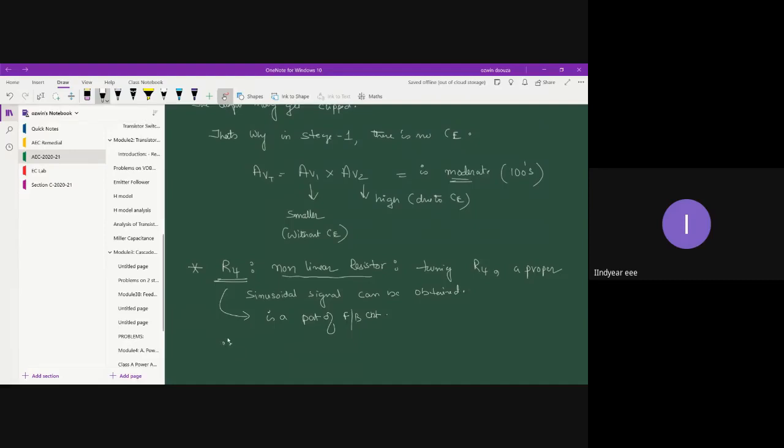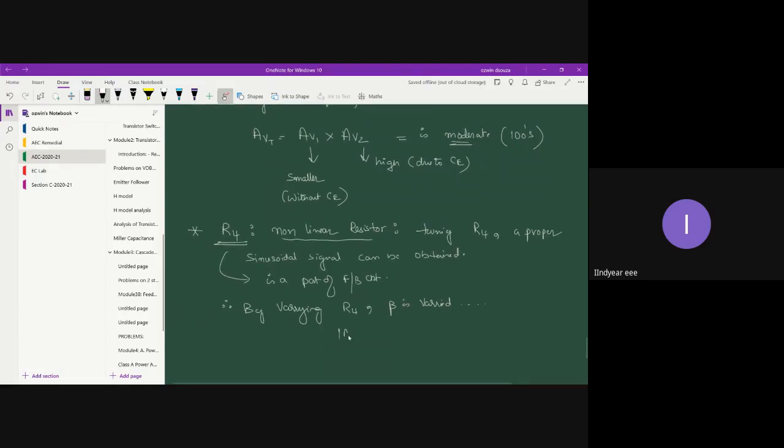So by varying R4, basically what are you doing? By varying R4, beta is varied, because beta is the gain of the feedback circuit, and by varying an element of the feedback circuit, indirectly you are varying beta. This will help you in getting the A beta equal to 1 condition, and when this condition is satisfied, sustained oscillation results.